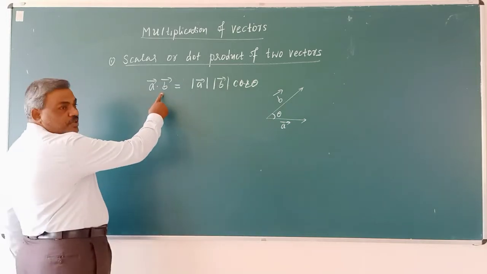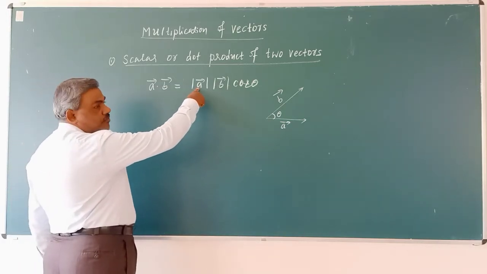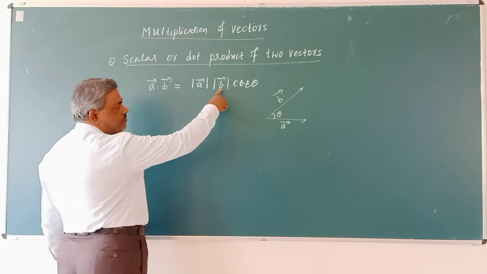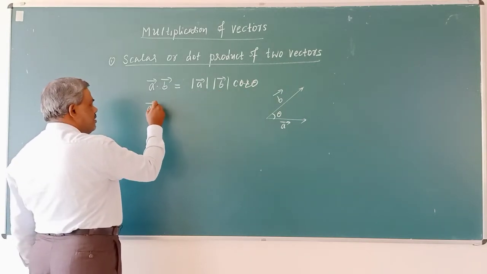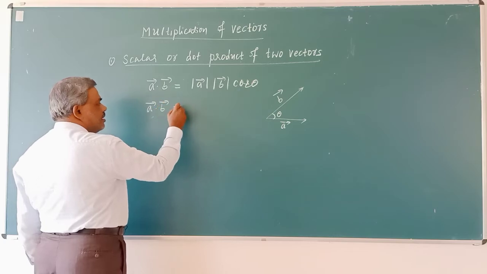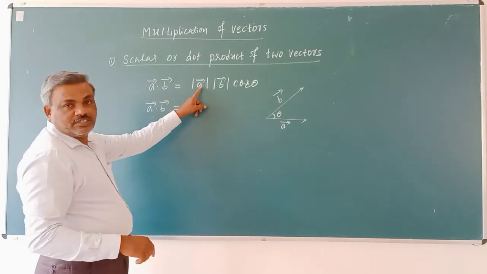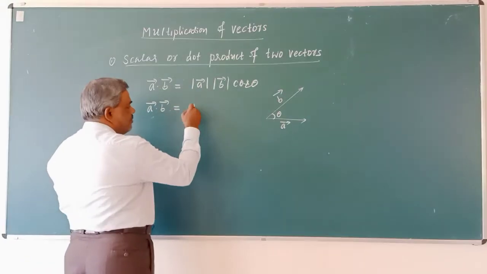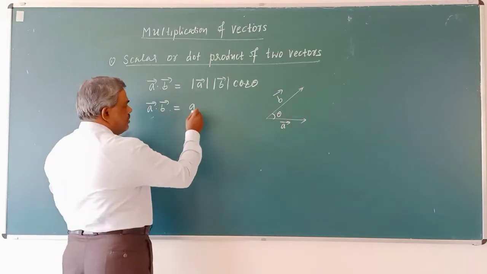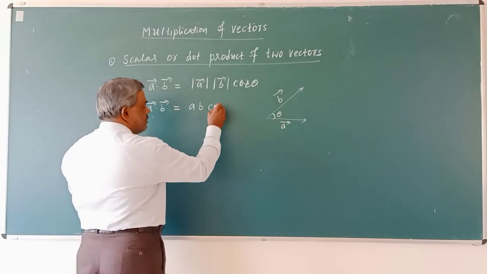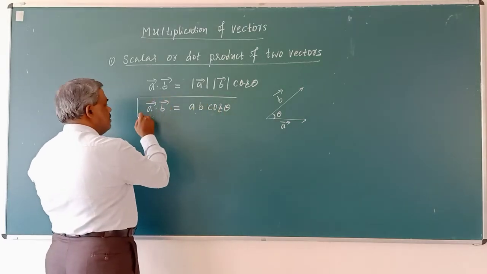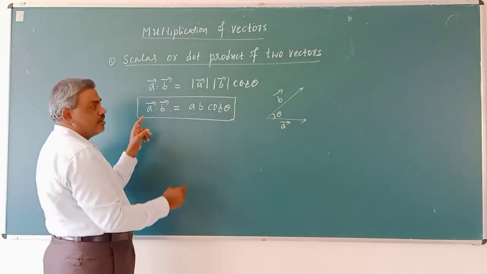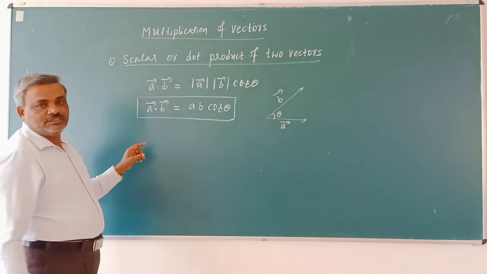So A dot B equals modulus of A, modulus of B, cos theta. With the modulus of A equal to A and the modulus of B equal to B, A dot B equals AB cos theta. This is the general expression for the scalar or dot product of two vectors.